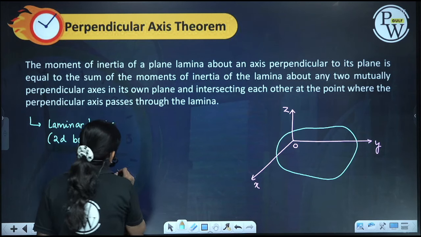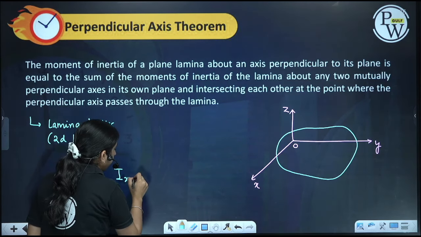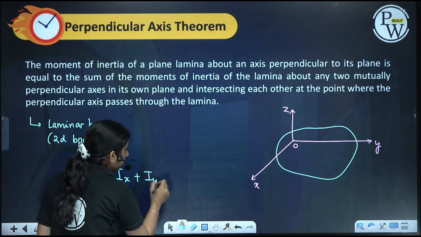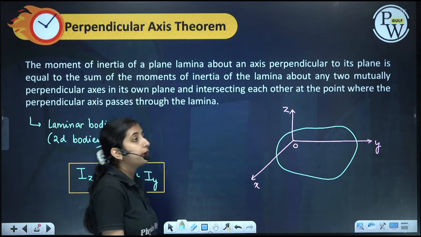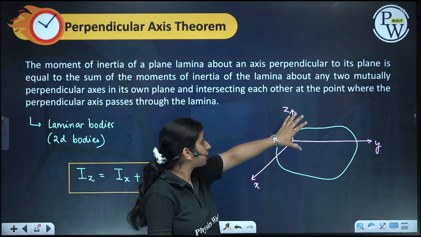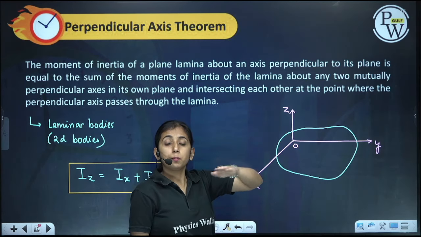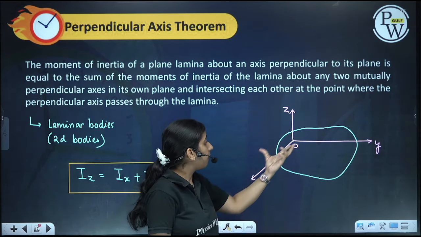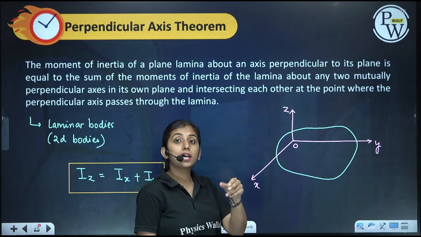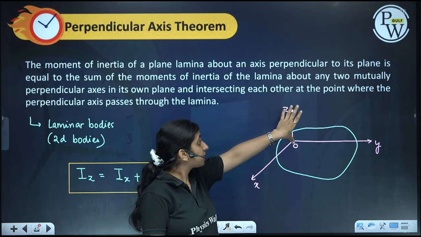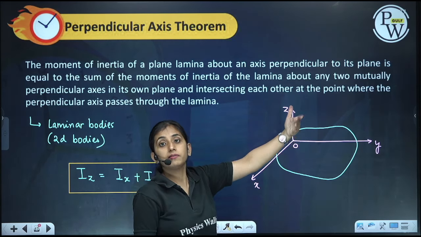So Iz will be equal to Ix plus Iy. If you want to find the moment of inertia of this body about an axis perpendicular to the plane, you have to find two mutually perpendicular axes which are lying in the plane. The sum of Ix plus Iy will give you Iz.